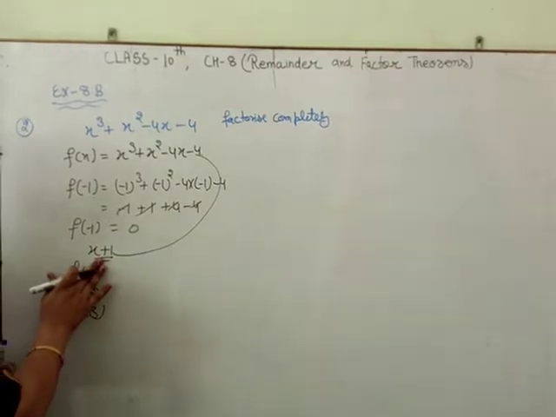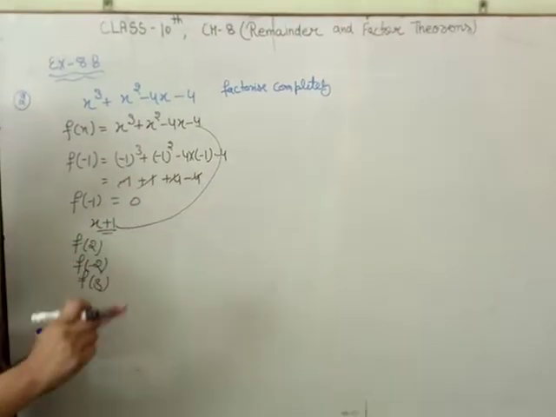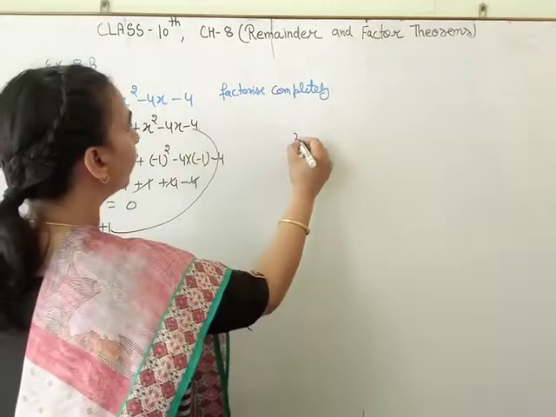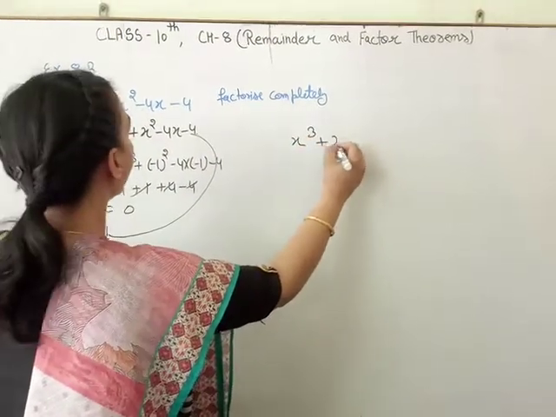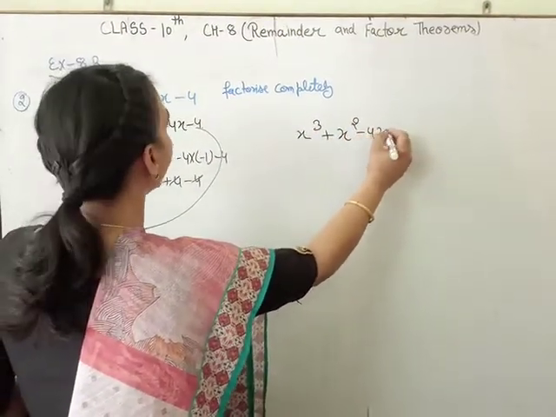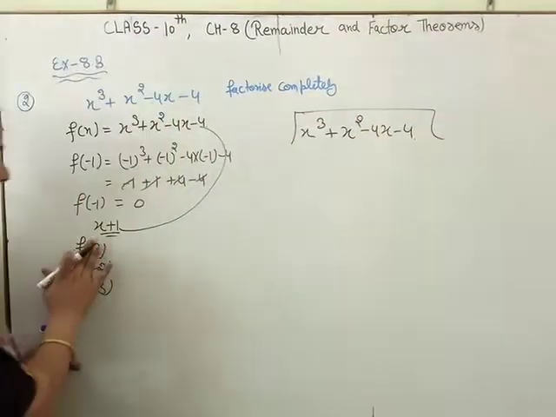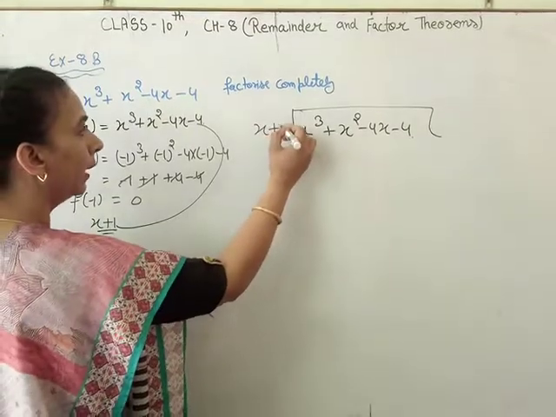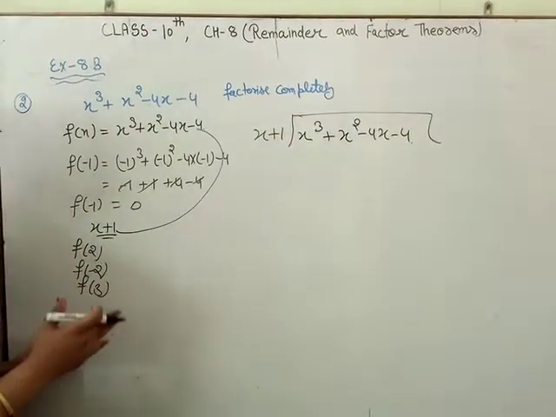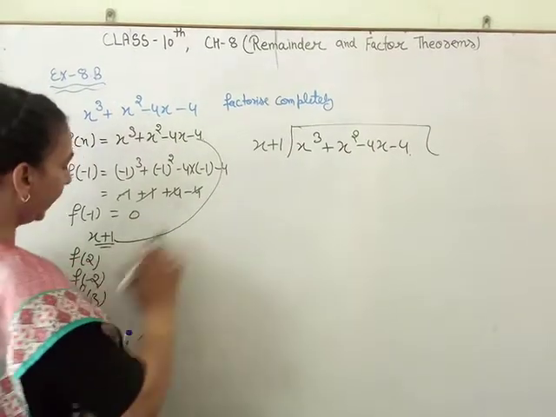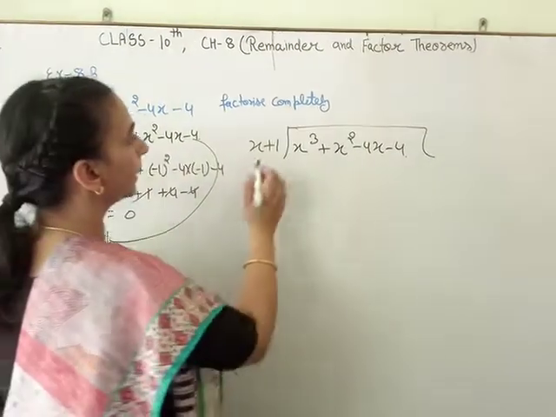If we have one factor, then we find the other factor with the help of that factor, by division method. x square minus 4x minus 4. With the help of one factor we find the other factor by division method. We divide this expression by the given factor.